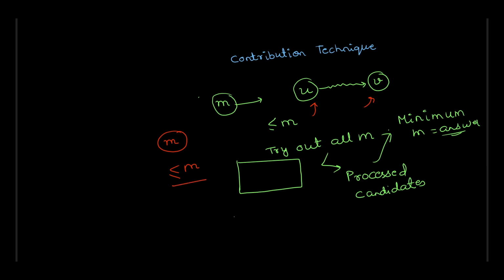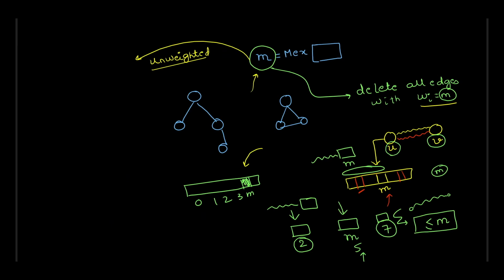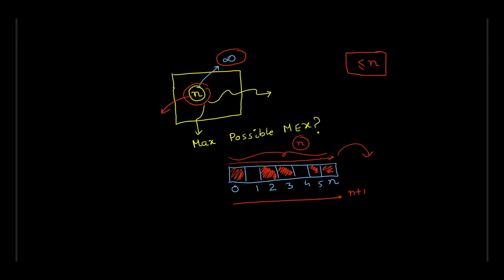So why are we saying that you try all possibilities of M from 0 to E? Because we have already concluded that the weight of any path cannot be more than the length of the path, right?